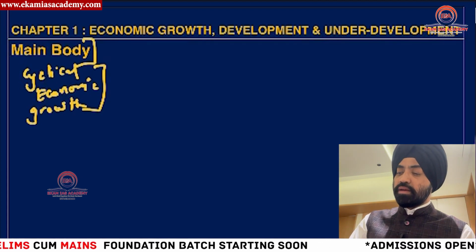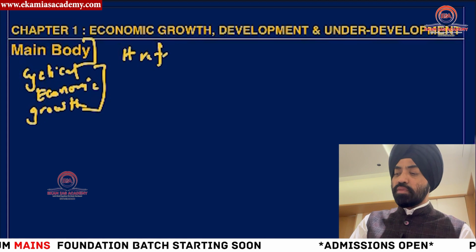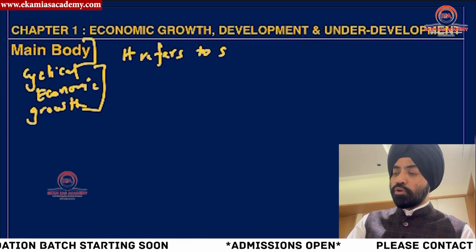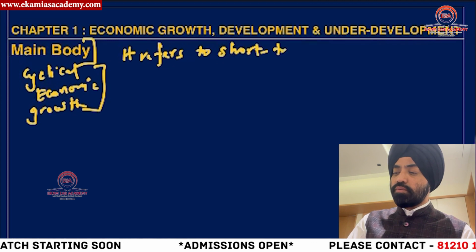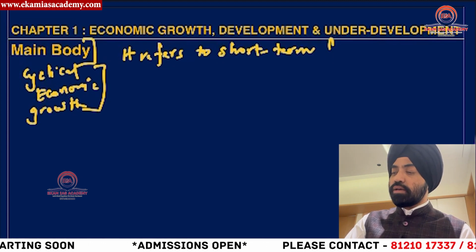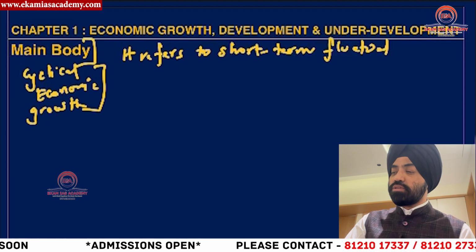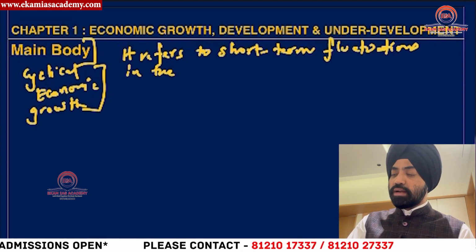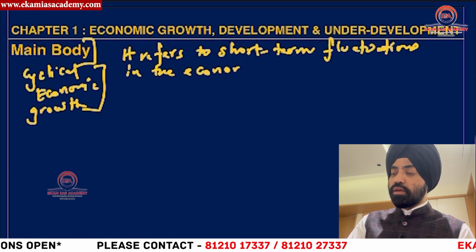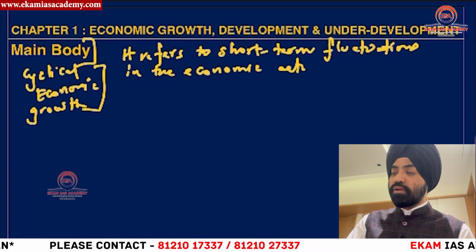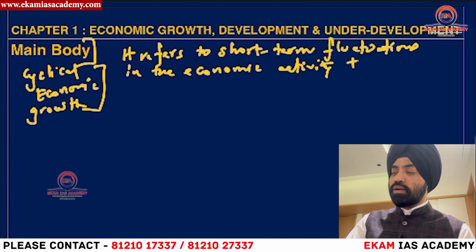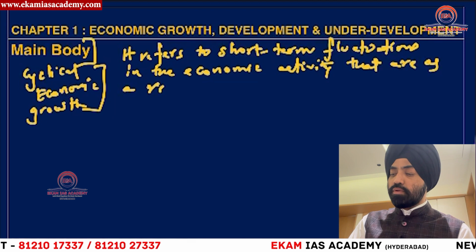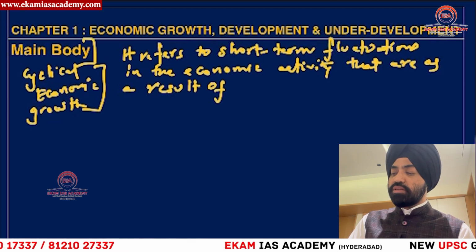We'll write: it refers to short-term fluctuations, very, very important, you need to understand. It refers to the short-term fluctuations in the economic activity that are a result of a business cycle.